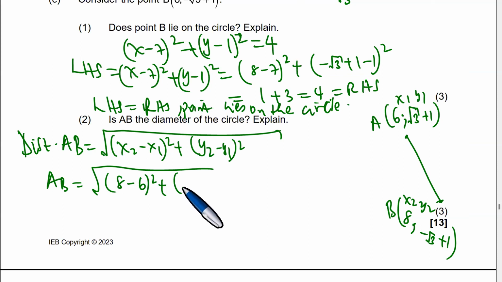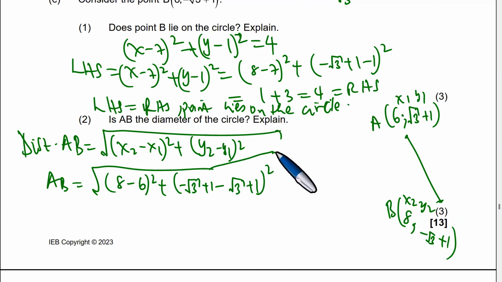Y2 is minus the square root of 3 plus 1 minus y1 square root of 3 plus 1. You square this. Okay, let's find the distance AB. Right, so dealing with the distance AB, and we get 4.